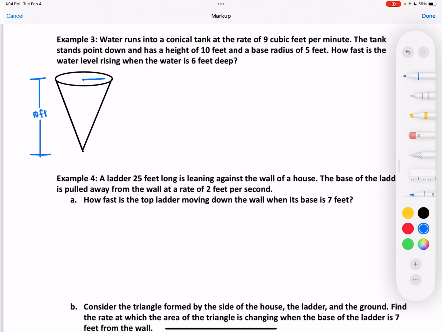So this base radius here is 5 feet. It means the cone at the top is as wide as it is tall. Which is interesting. And then we know that it's got water in it. Now, before I write out all my known stuff, what is the formula for volume of a cone?